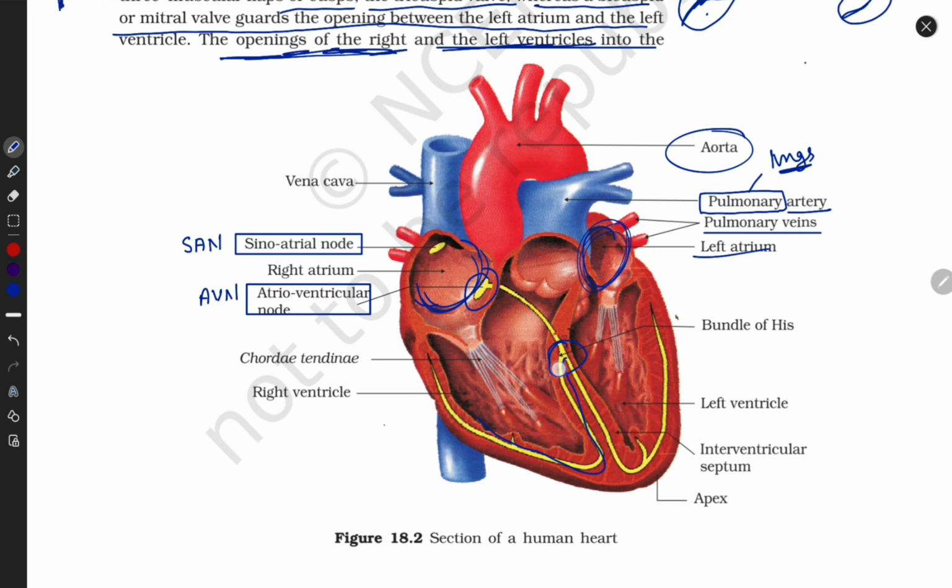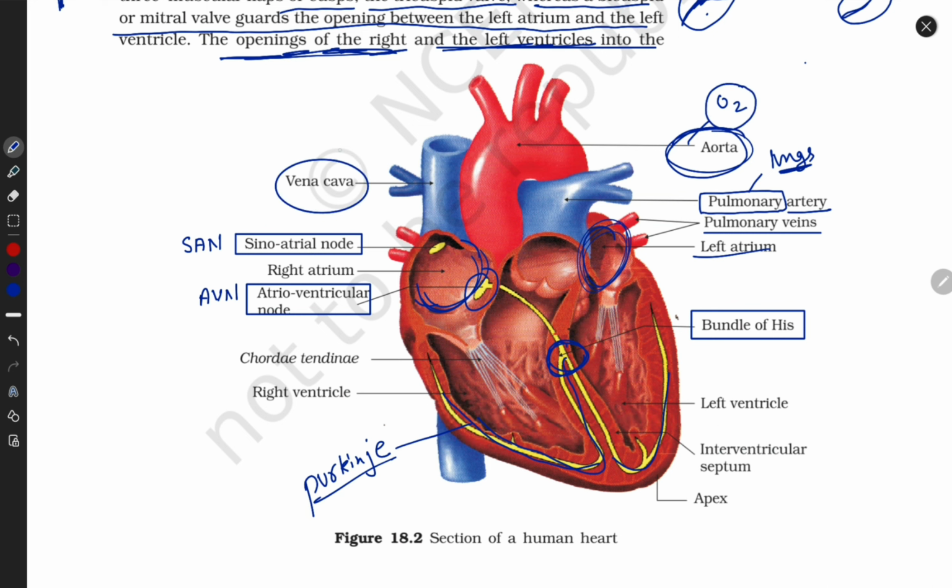Look at here, this is the bundle of His. All right, and now where is Purkinje? This is the Purkinje. Purkinje fibers. Aorta provides oxygenated blood throughout the body, and vena cava contains deoxygenated blood.